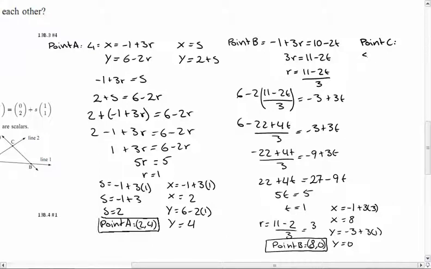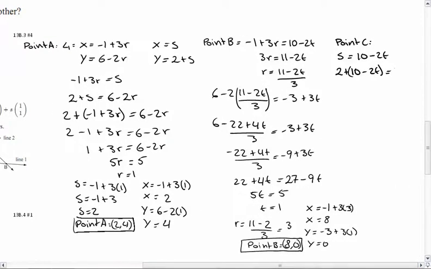So s is equal to 10 minus 2t. 2 plus 10 minus 2t equals negative 3 plus 3t. We can skip a few steps, and that is 12 minus 2t equals negative 3 plus 3t, so t is 3.